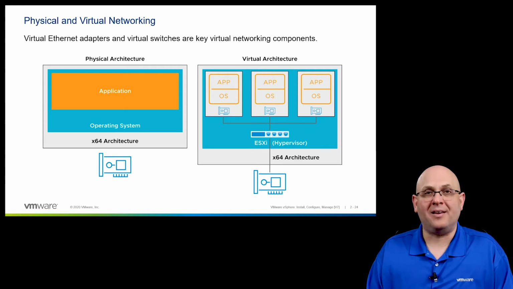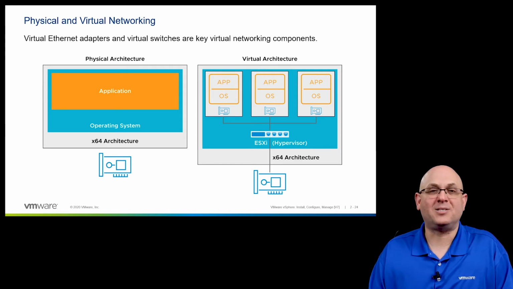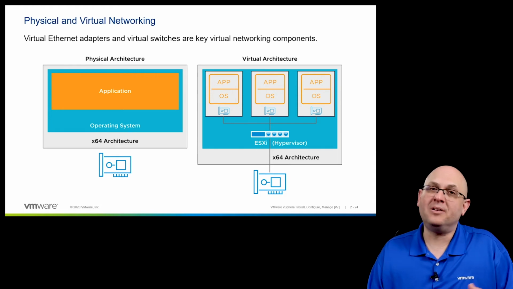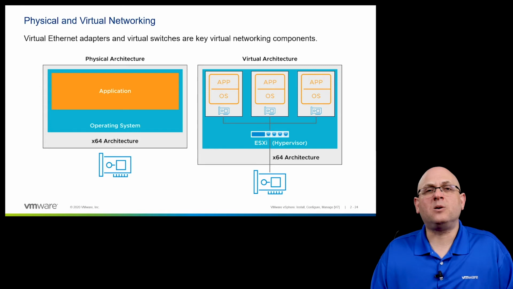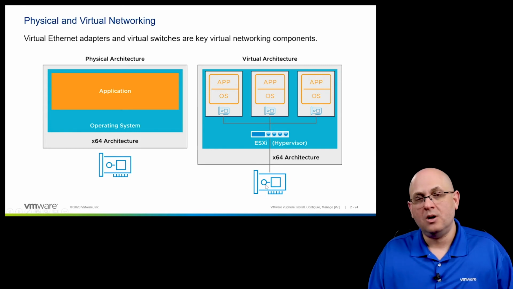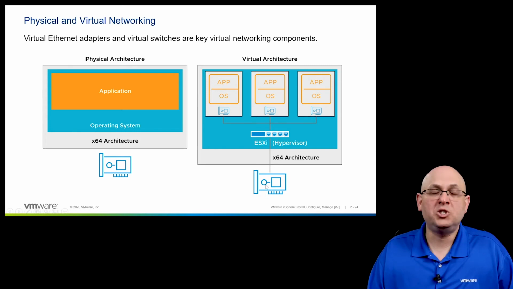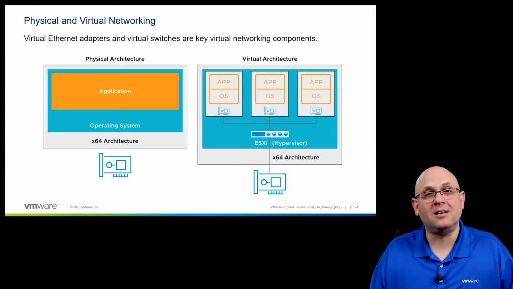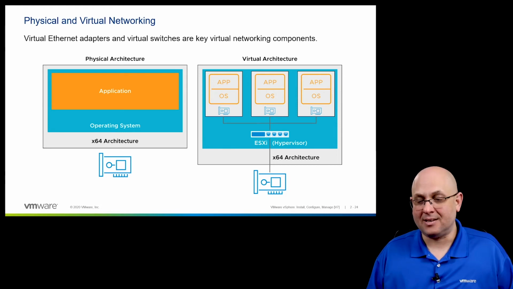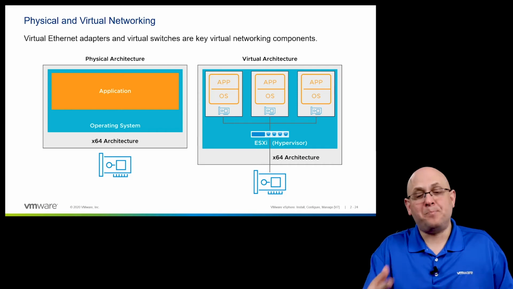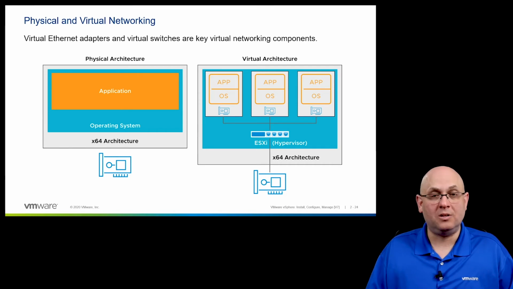Now, yes, I can create a virtual switch without a physical uplink, but that's hardly ever done. So when I build a virtual switch, it asks me, hey, what physical uplink port would you like to send traffic to, should that traffic be destined for some sort of resource outside of that ESXi host? So that is the basics of our virtual networking.